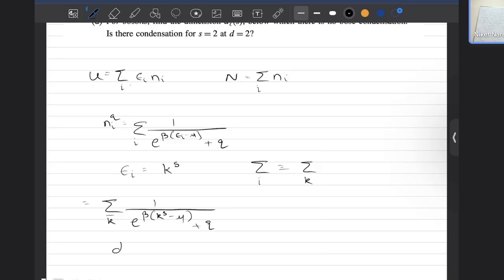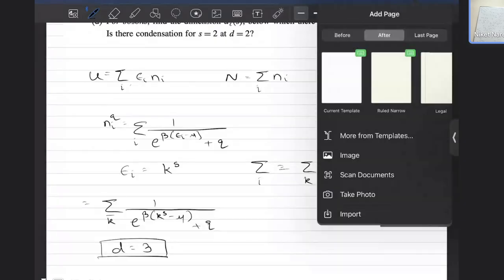So d I will assume as 3 only, but you will see the dimensional impact. You will be able to make out that here the number 3 is coming because of d equal to 3. And at least qualitatively, we'll be able to point out that if the dimension was something else, what would be the difference. Okay, so I'll initially assume d is equal to 3 only, and I'll start the problem.